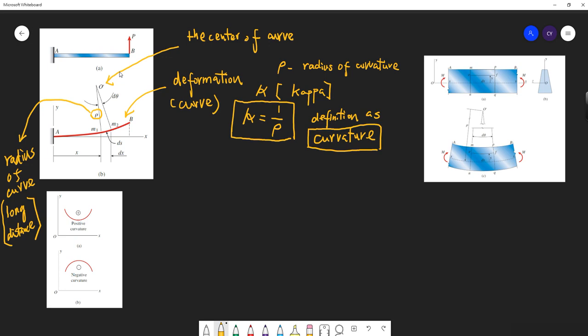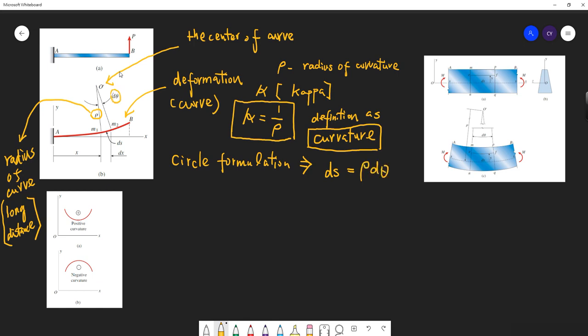Okay. And now, according to the formulation of circle, we can get the small distance ds is equal to rho d theta.